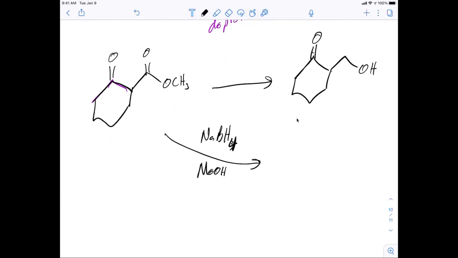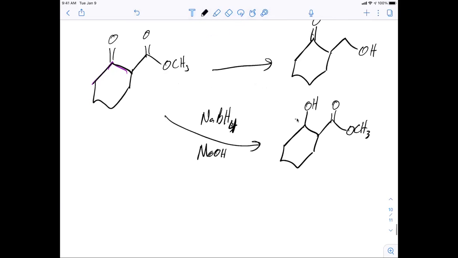But if we use sodium borohydride with this, sodium borohydride will reduce ketones to alcohols, but it won't reduce esters. And again, this is a little bit of review. So we wouldn't get what we wanted, right? We want to reduce the ester in the presence of the ketone.